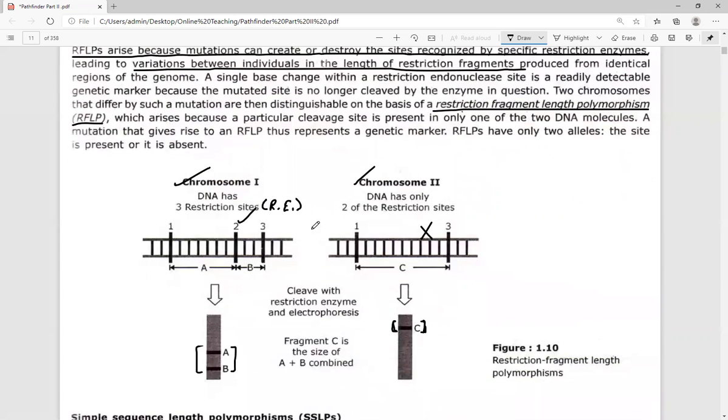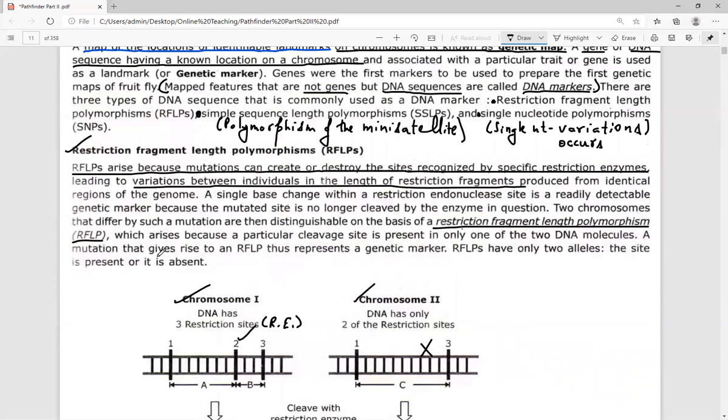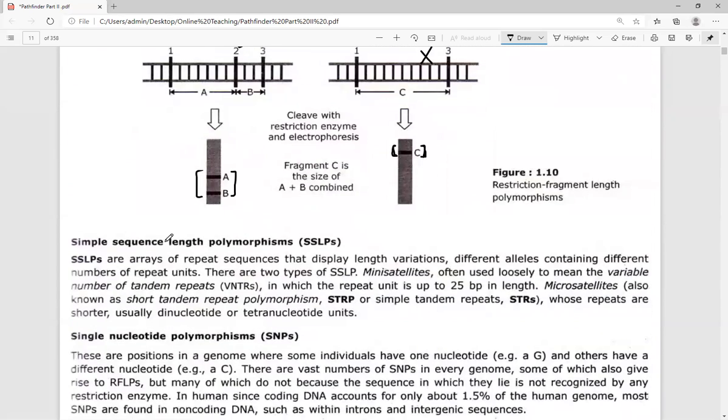When we use restriction endonucleases against sites that are bordered by minisatellites, the same technique becomes DNA fingerprinting. When you cut the ends of a DNA in which minisatellites are repeated many times with a restriction endonuclease, then the same procedure applies, and that is referred to as DNA fingerprinting.